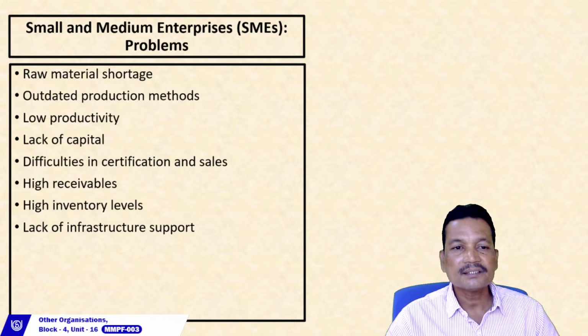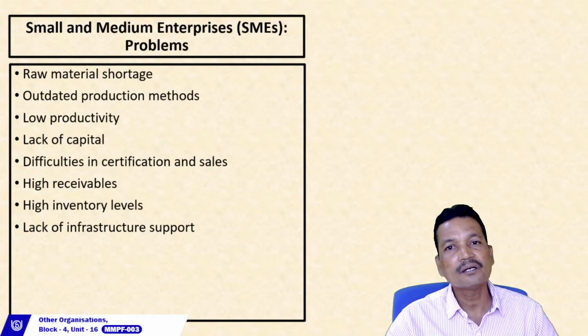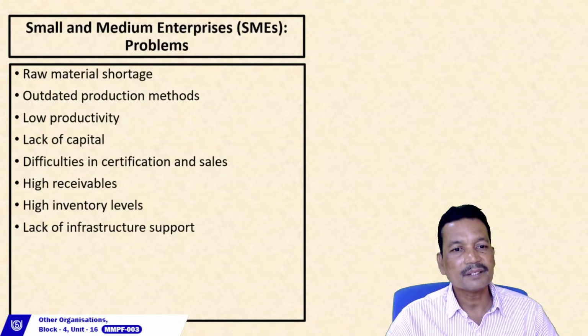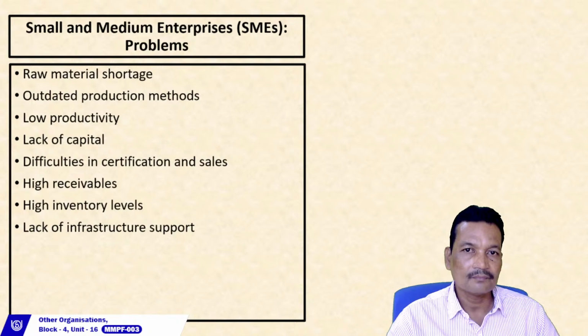There can be difficulties in certification and sales. We know that certification is required for exports or to generate a fair idea of quality in the mind of the customers. But these SMEs may find it difficult.